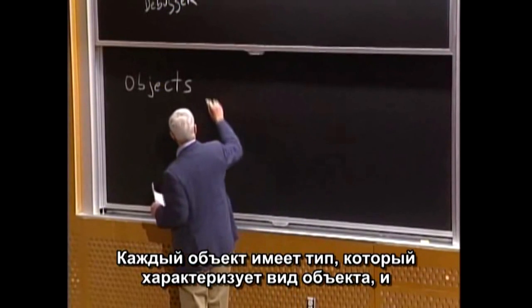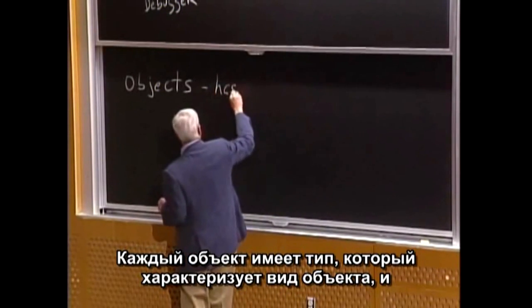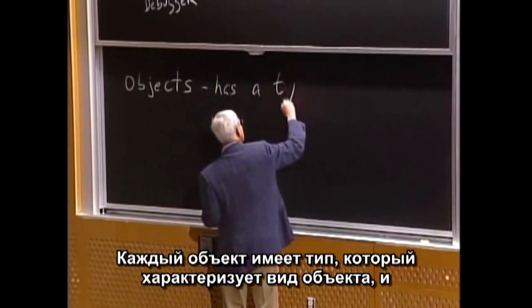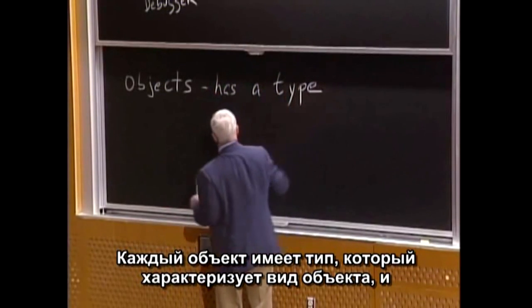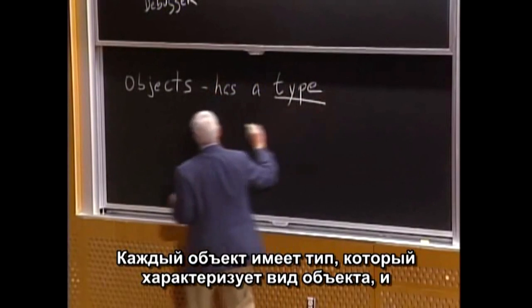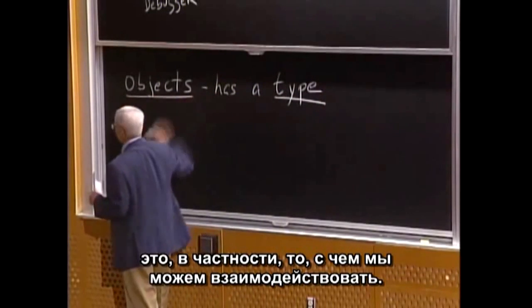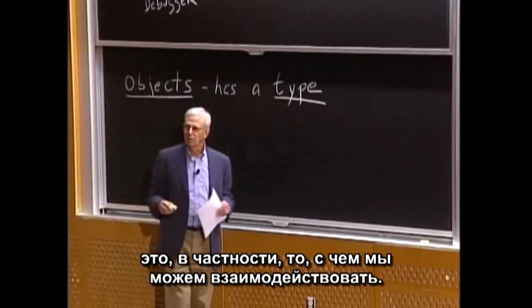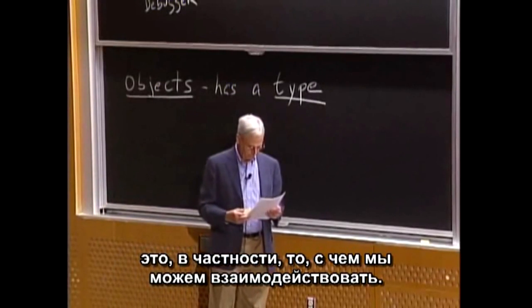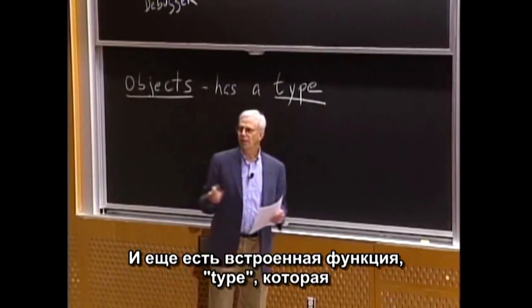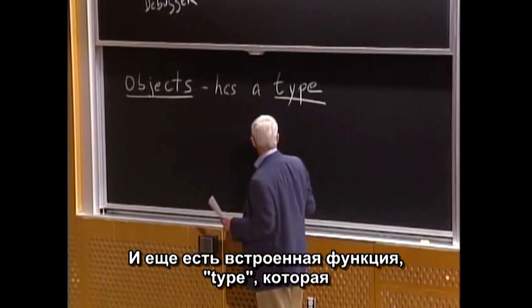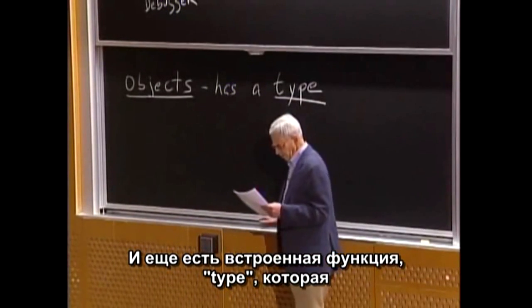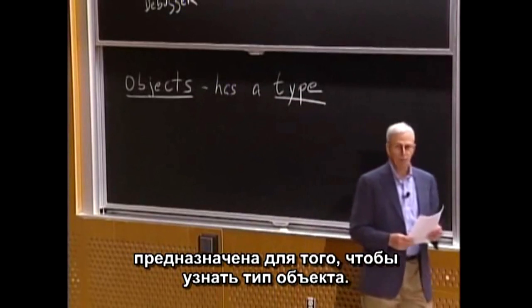Each object has a type that tells us the kind of object it is, and in particular, what we can do with it. And then there's a built-in function called type that can be used to find out the type of an object.